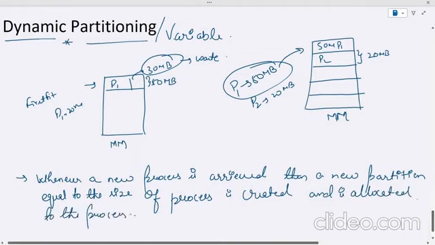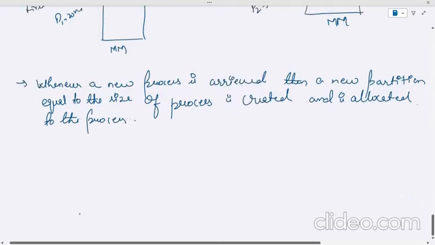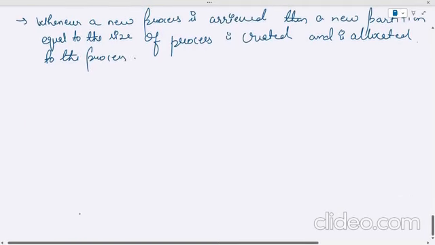Okay, this is what happens in dynamic partitioning.